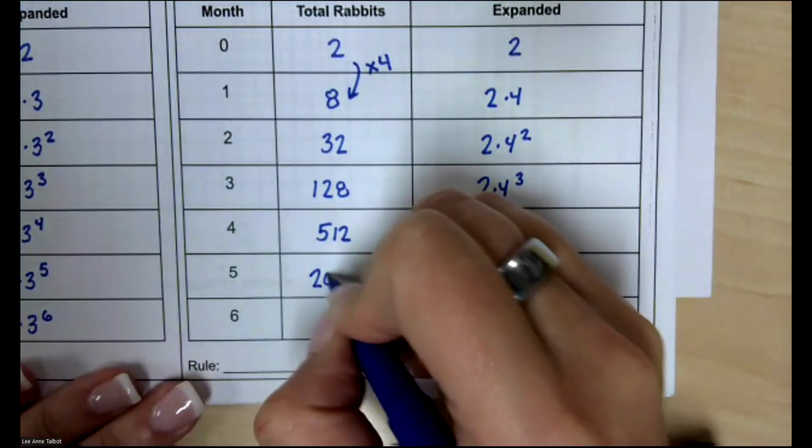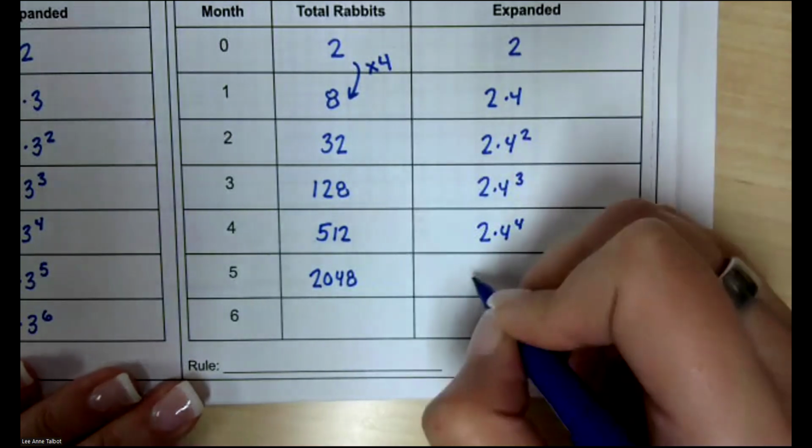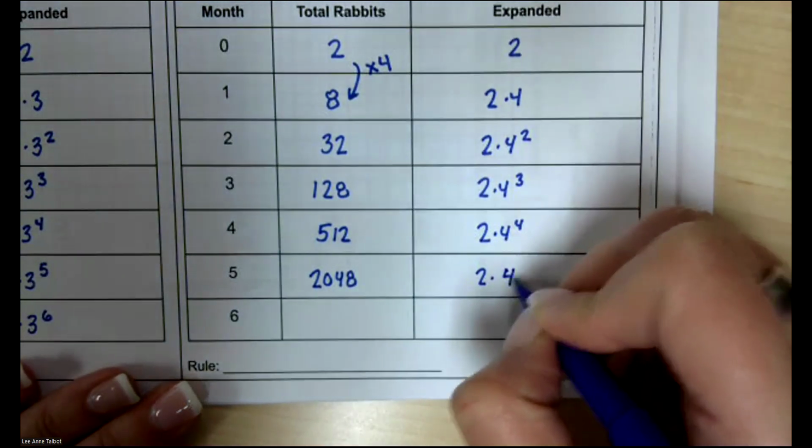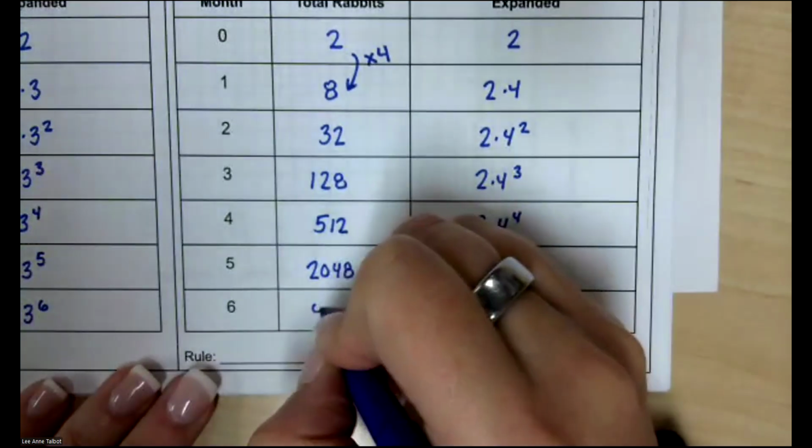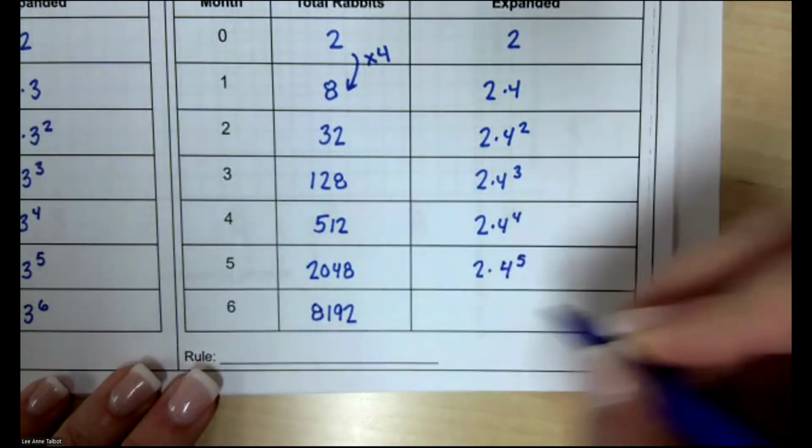That's easy. So that would be 8,000 plus 160 plus 32. 8,000 plus 160 plus 32 is 8,192.